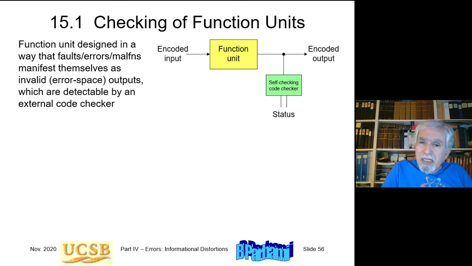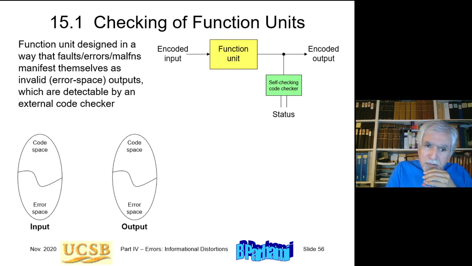With this assumption, this scheme basically detects any faults in the function unit. We can also design the function unit such that if an erroneous input comes in, it generates an erroneous output. In other words, if the function unit is working correctly and an erroneous input comes in, then it generates an erroneous output so that we can detect it. So basically, input error under those conditions is propagated to the output so that we can detect it with this checker.